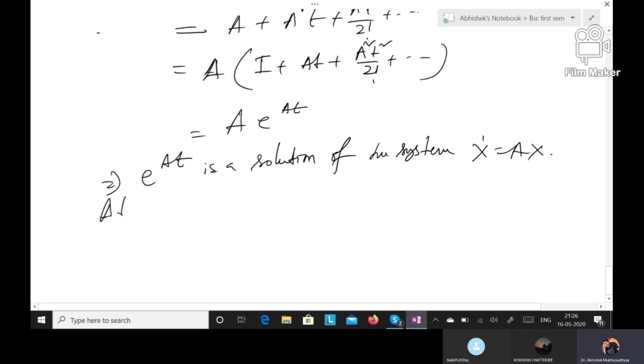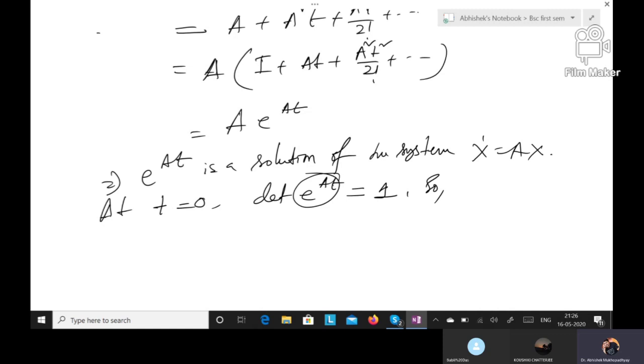Now at t equal to 0, what will happen? Then the determinant of e to the power AT equals 1, and so this satisfies the property of a fundamental matrix for the system X dot equal to AX with the initial condition X at 0 equal to X naught.